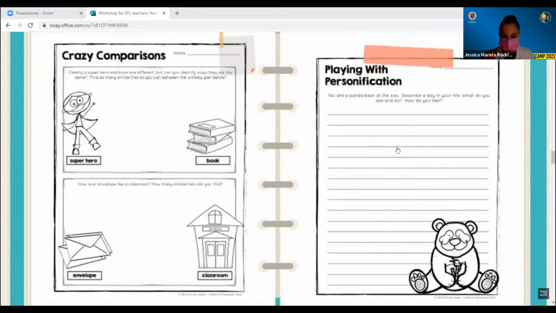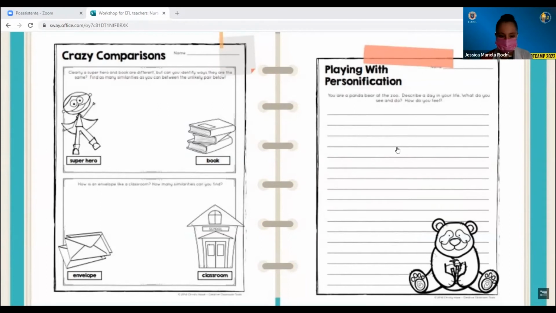So here we have 2 activities again. This is an individual activity. We are not working in teams yet, okay? Choose one worksheet, only one. In the first one, there are 2 objects that we may think are unrelated, for example, a superhero and a book. If we think of similarities, it's hard, right? You need to start thinking.